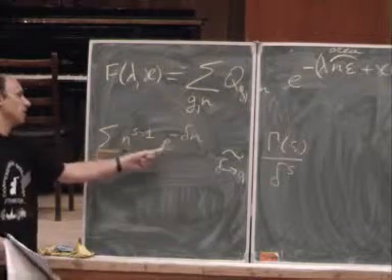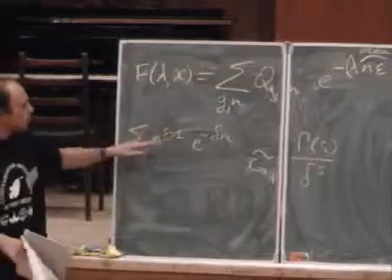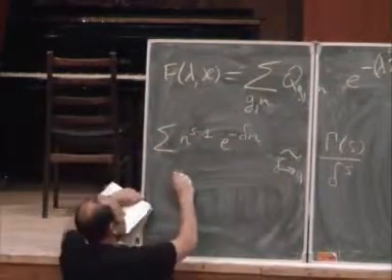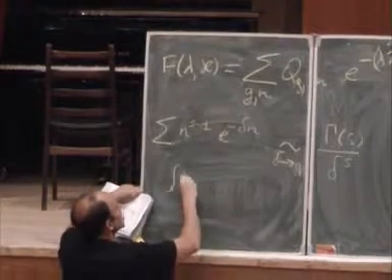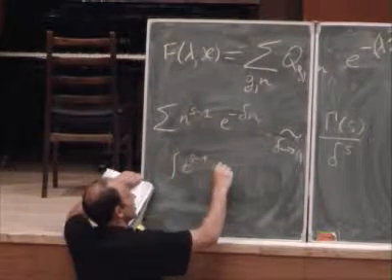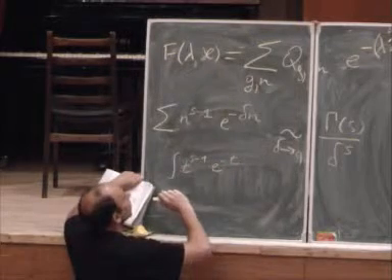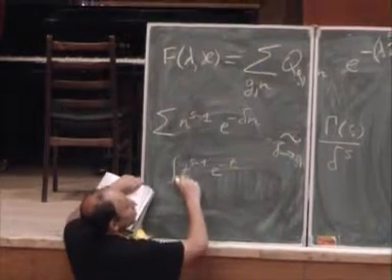This sum is the Riemann sum for the integral of t to the power s minus 1 e to the power minus t.